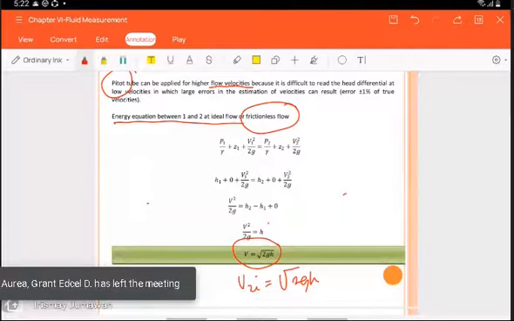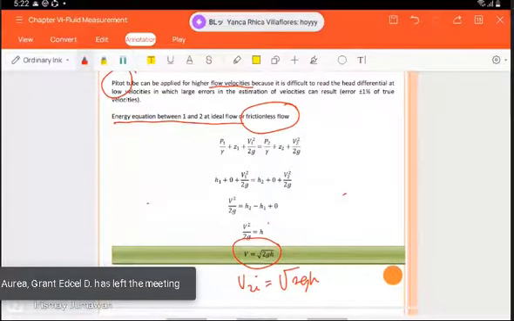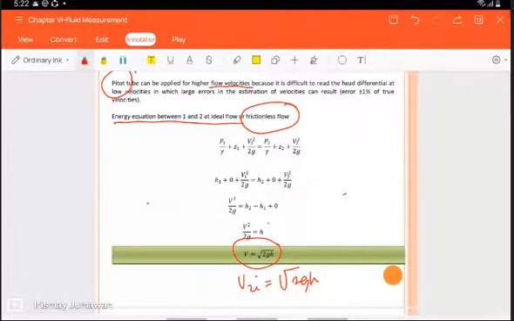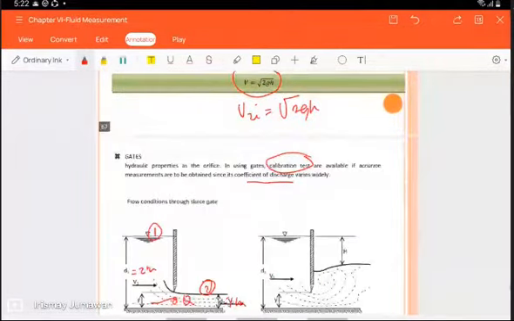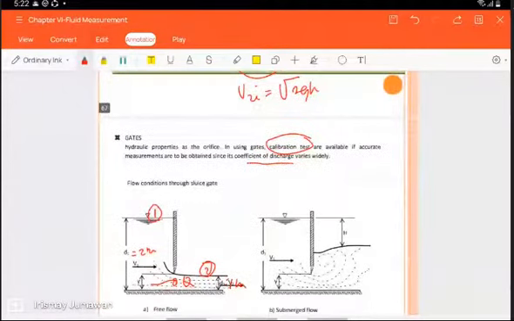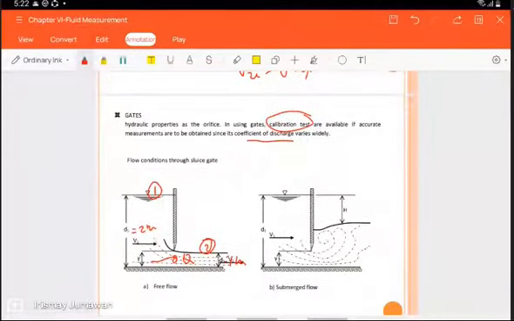I show again the difference between the water surface. Another instrument or device used to measure the discharge is the gauge. The properties of the gauge are the same as the orifice.